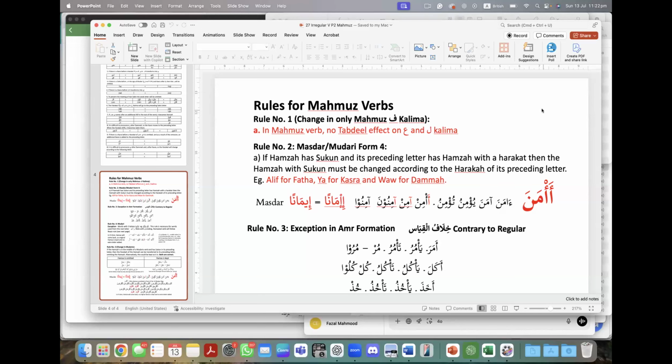So, the rules in this chapter, we will be studying rules. They are like mathematics, like algebra. They're not difficult. First of all, if anything is hard, don't say it is hard. Don't feel it is hard.